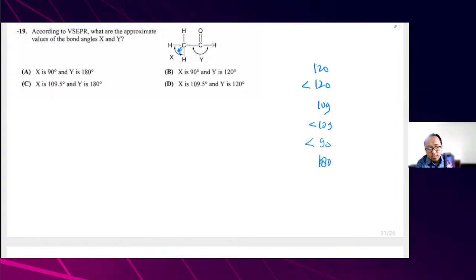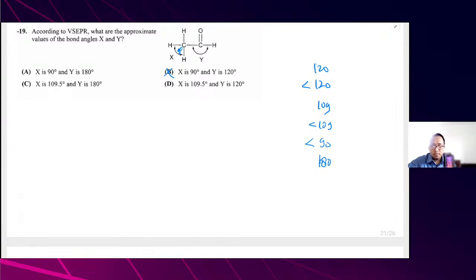It has three, and there is a double bond. It will be 120, right? Because it is kind of trigonal planar. There is no lone pair. So yeah, it might be P.